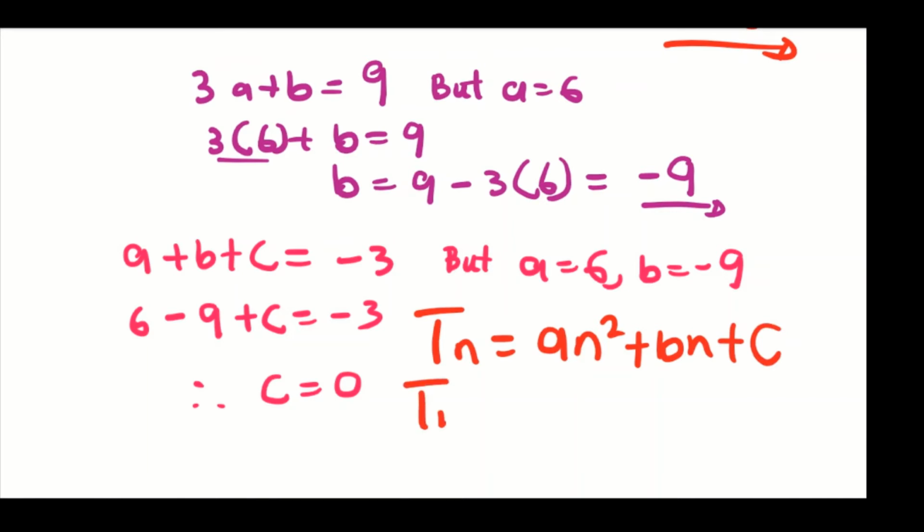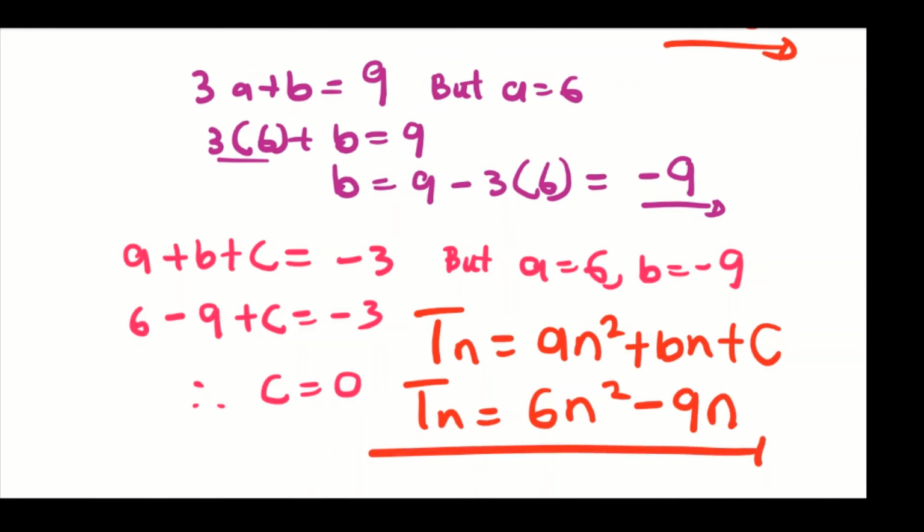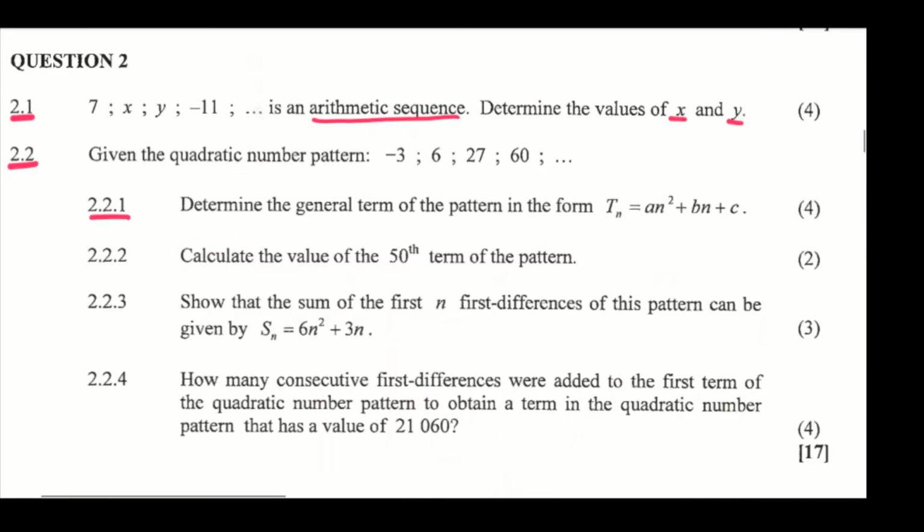And to substitute the values that we found, a value is equal to 6, so it's going to be 6n squared, and b is minus 9, so it's minus 9n, and c is 0. So this would be your general term of the sequence. So 2.2.2 says that calculate the value of the 50th term of the pattern.